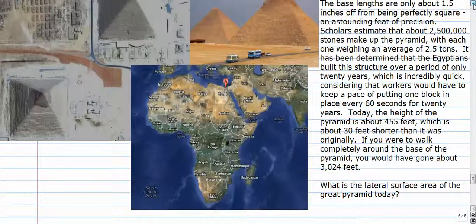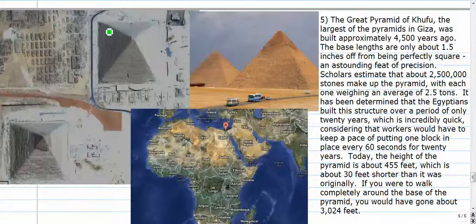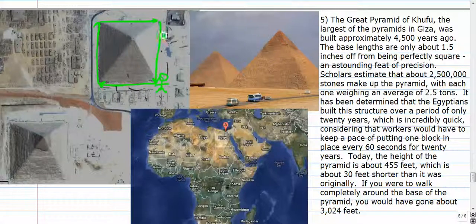So what that means is, if we're walking around this thing, we start here, we go this way, and then this way, and then this way, and then back to where we started. That's 3,024 feet. That would be, of course, the perimeter of this square. So to calculate one of those side lengths, all you need to do is take 3,024 divided by 4.